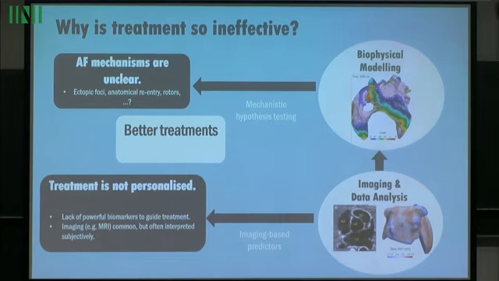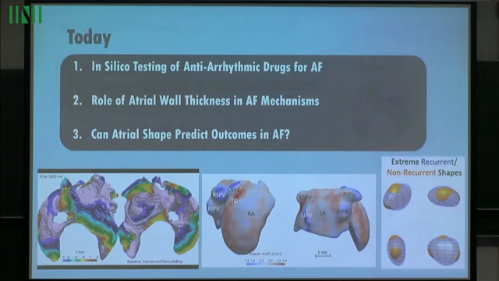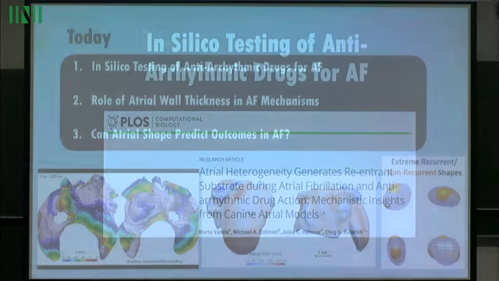And what I'm going to show you now is the work I've been doing along these lines for this disease. So I'll show you briefly three studies: one about in silico testing of drugs, another about developing a new marker, atrial wall thickness, and finally a shape study of the atrium.